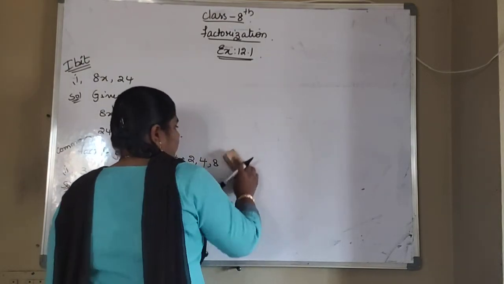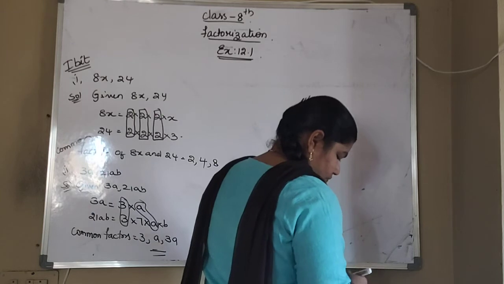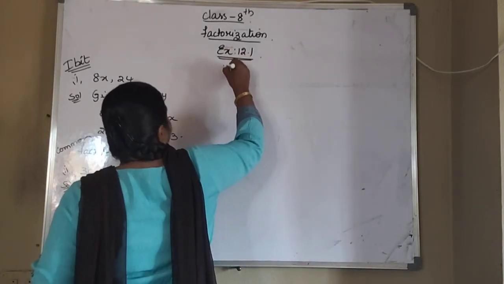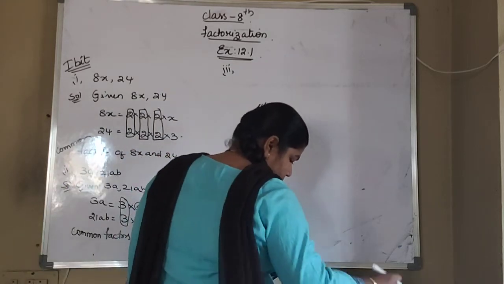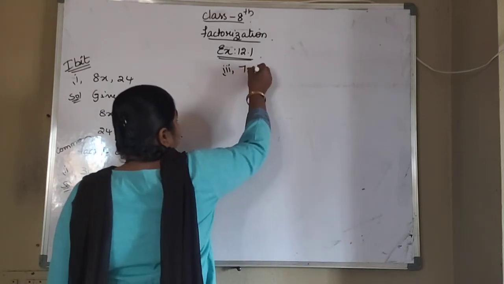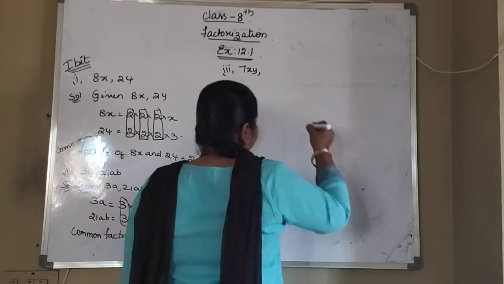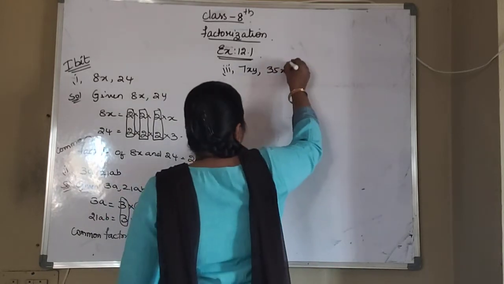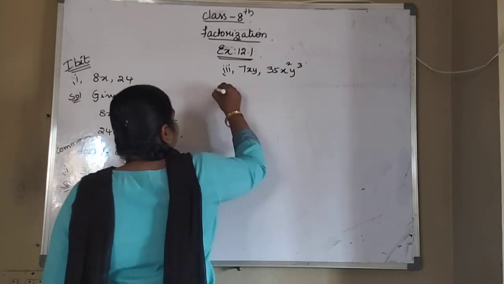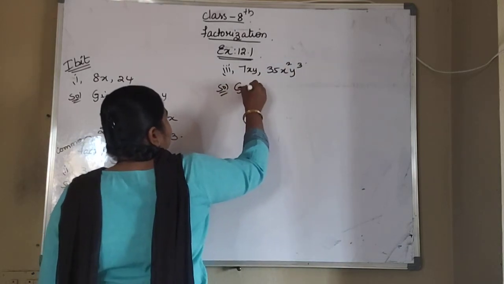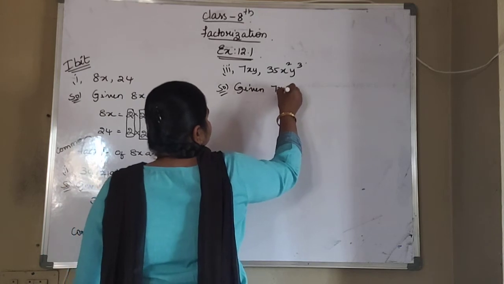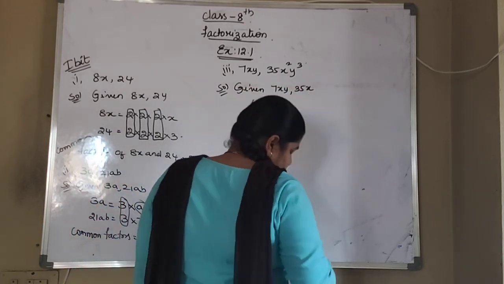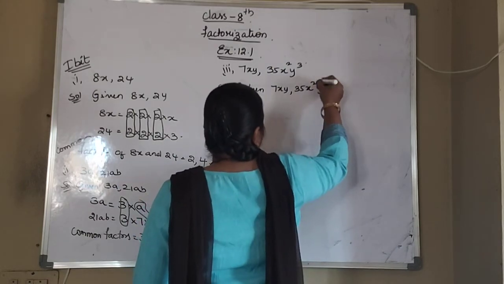Next one, what is the third one here? 7xy, 35x power 2 y cube.